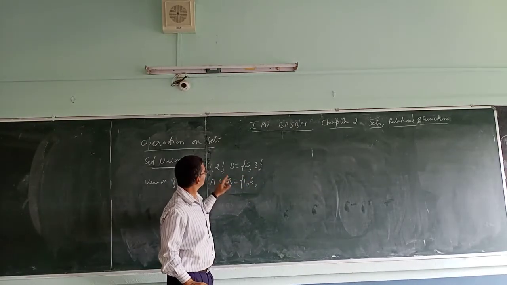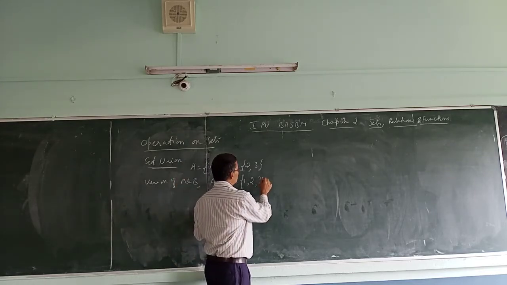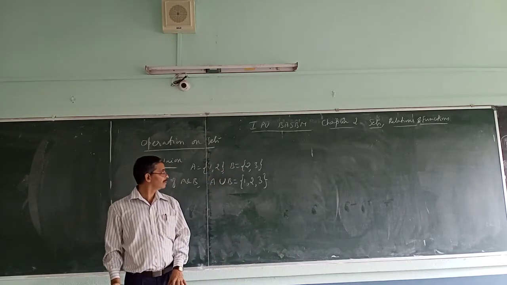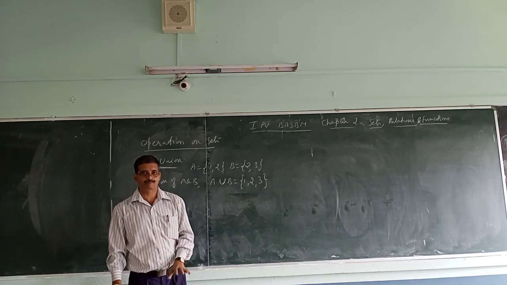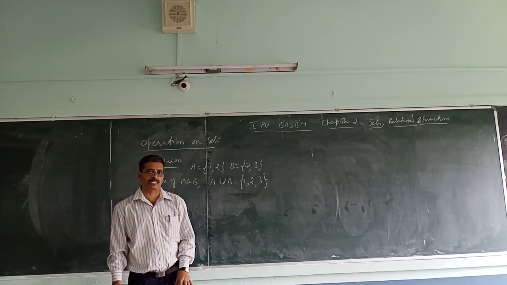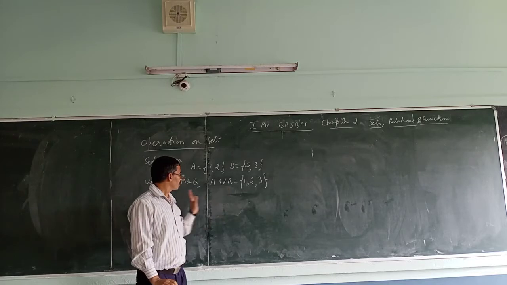But 2 is already there, so no need to repeat. So just write 1, 2, 3. So it contains elements of A as well as elements of B. Both are contained in that new set. But repetition is not considered.